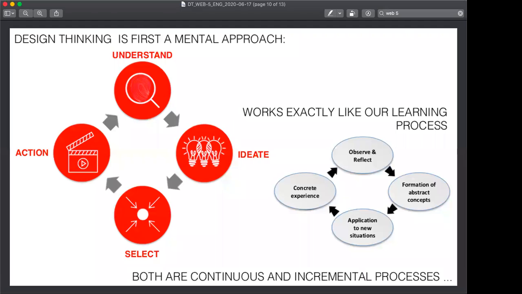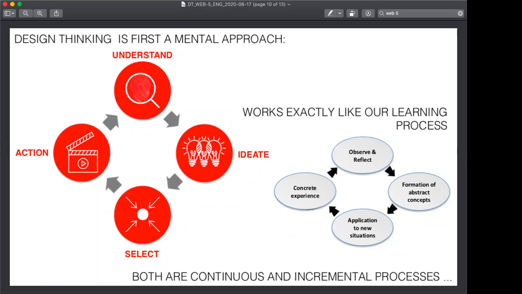Paolo, I'm going to let you explain this slide that compares design thinking to learning. Yes, because you have the habit to consider different stages in this design thinking process, but in effect it is a circle.